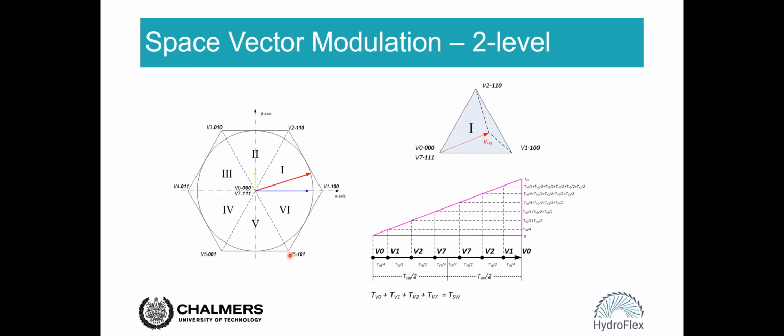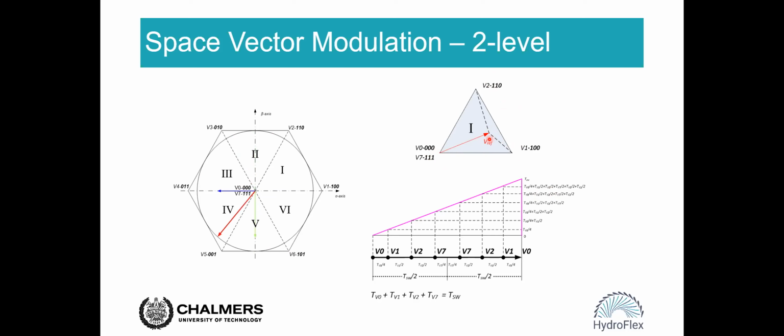And then the hexagon can be divided into 6 sectors. Let's say the reference voltage is located in the first sector, and the red line stands for the reference voltage. If we want to synthesize this reference voltage, we can choose the voltage vectors V0, V7, V1, and V2, each applied for different time durations, and then we can synthesize this reference voltage vector.